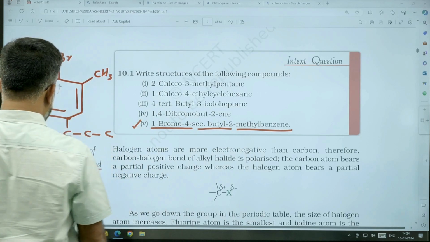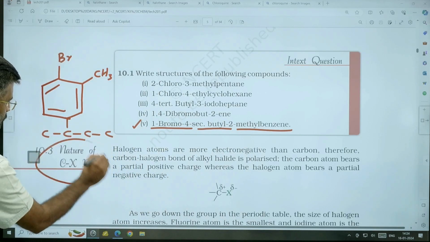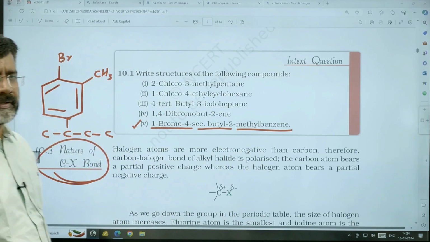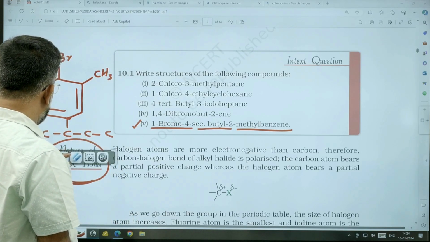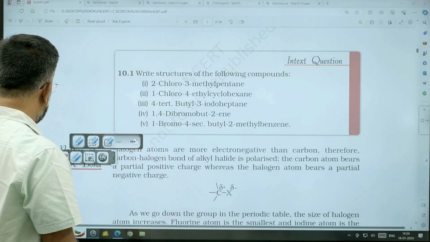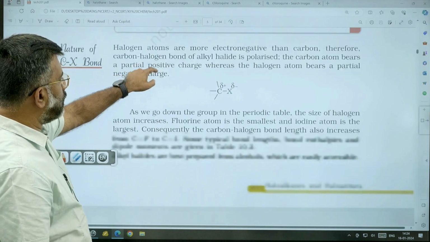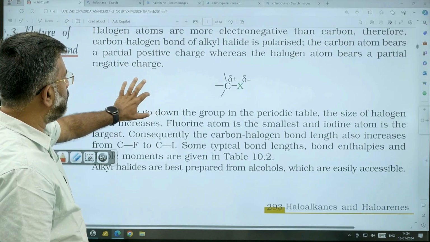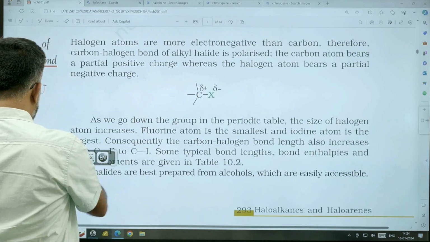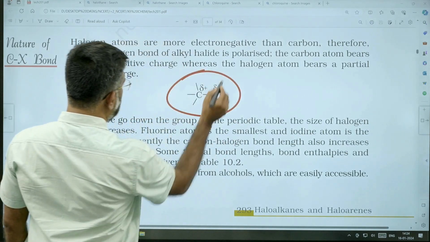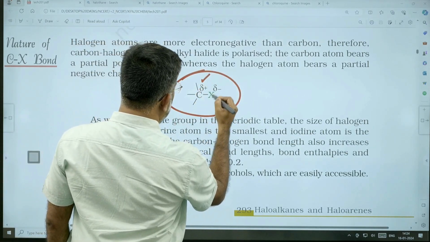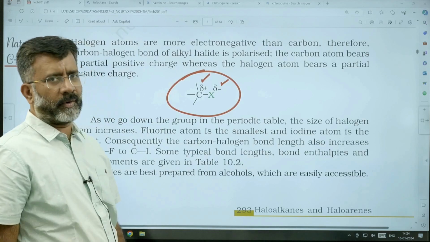Now on to the details of the nature of the carbon halogen bond. What is the nature of the carbon halogen bond? Very simple to understand. The carbon halogen bond will be sufficiently polar. If you take this bond, you see there is delta positive on the carbon center and delta negative on the halogen center.